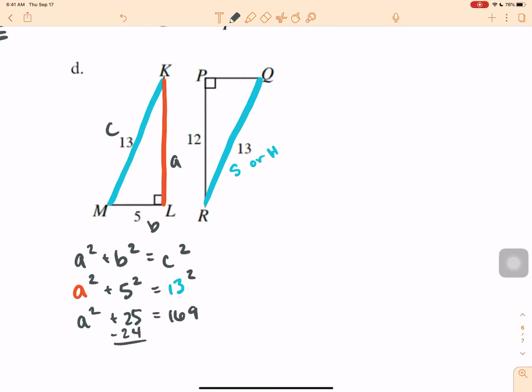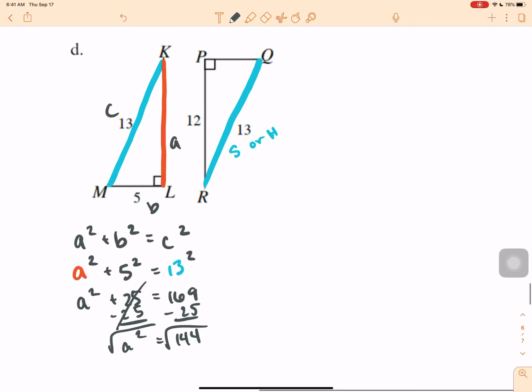Now we're left with a squared equals 144. If you take the square root of both sides, that tells us a equals 12. So now we know that a is equal to 12.